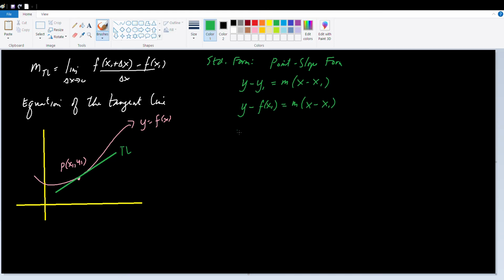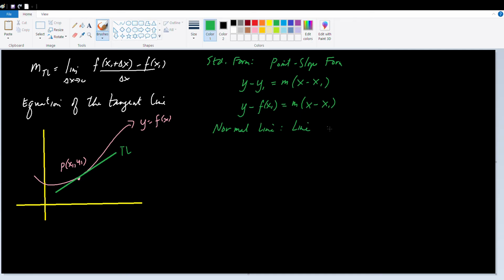At this point, let us also define the normal line. The normal line at the point P, or the line normal to the curve of f at the point P, x1, y1, has a slope. Okay, so the normal line is the line, let me define it first.